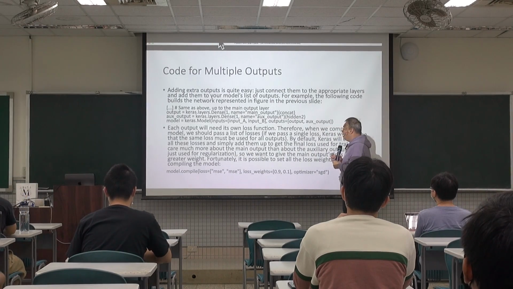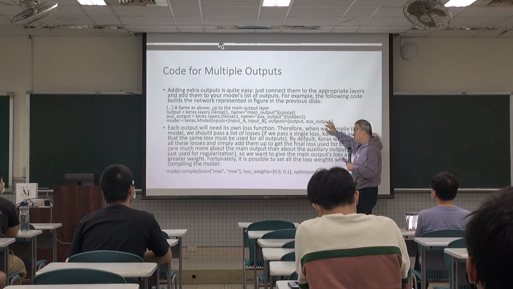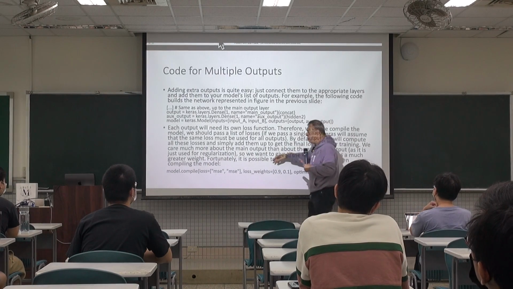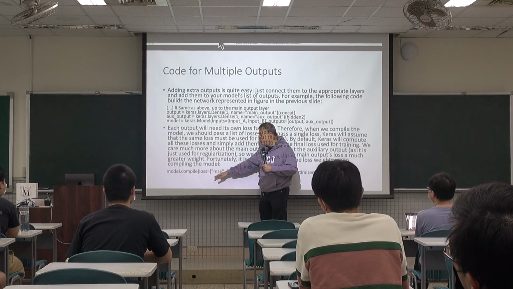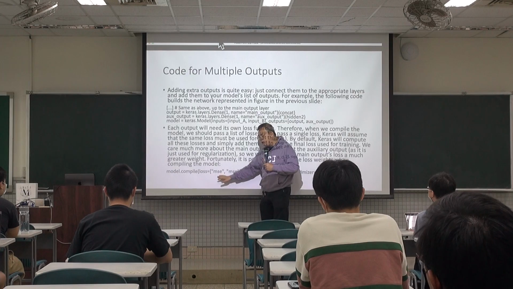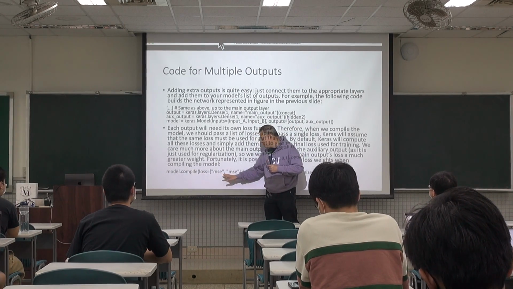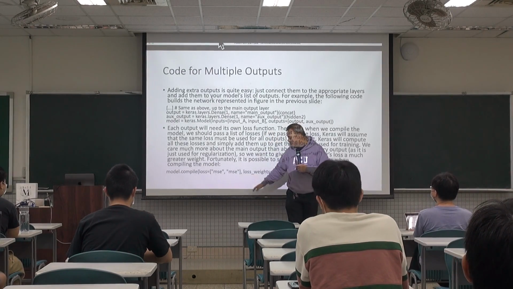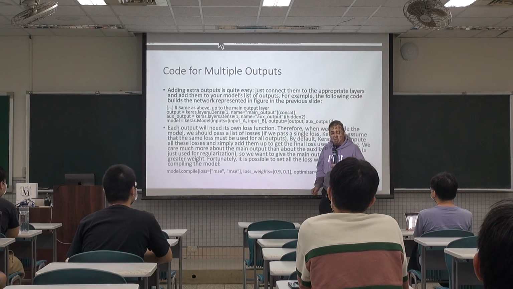Because you will have a loss function, right? You actually can have a different loss function. When you compile the model, you need to provide the loss function for each output layer. So for the primary output layer, we use MSE. For the second auxiliary output, we use MSE2. But we need to specify the loss weight. What is loss weight?